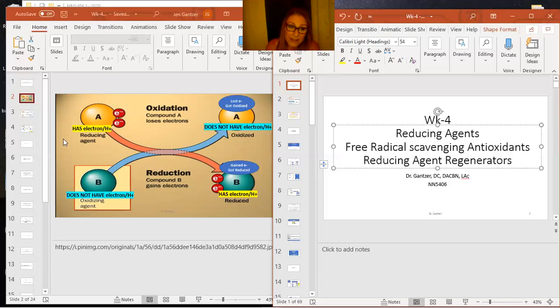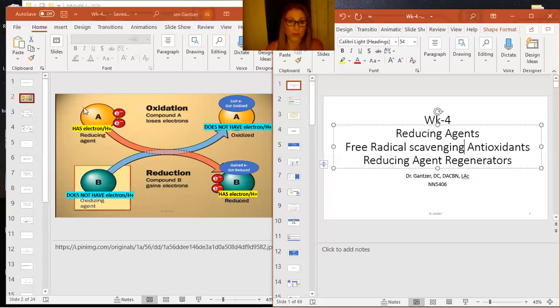So when a molecule has its electron, has its hydrogen atom, it's reduced. It's also called the reducing agent. If it has the hydrogen atom electron to donate to the reactive species, to the free radical, to the other molecule radical who had its hydrogen stolen or lost it to a reaction, then they're going to gain it.